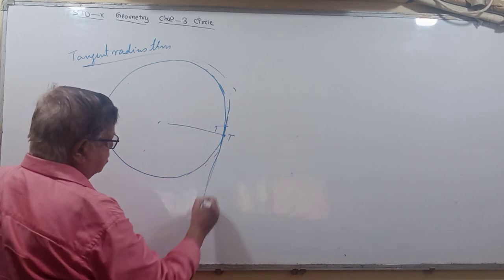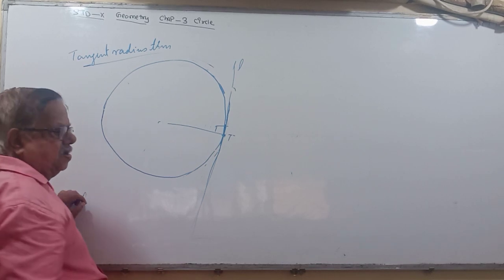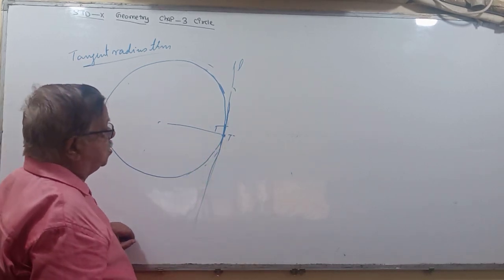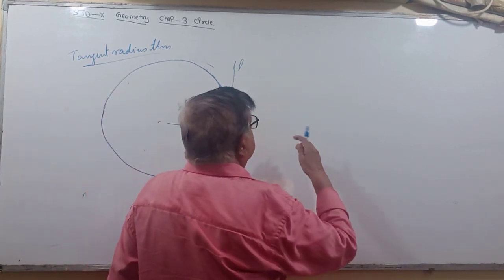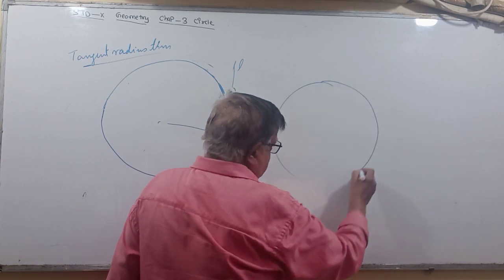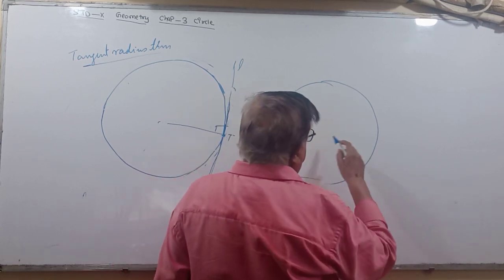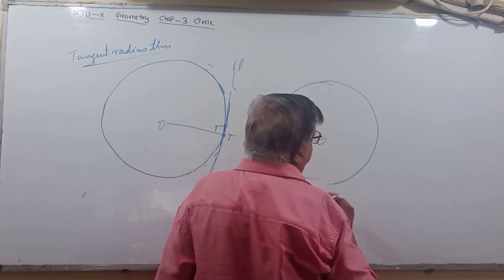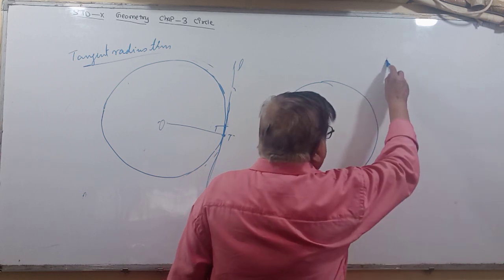This is the tangent. Suppose we call it L, meeting the circle here at T. To prove that this angle is equal to 90 degrees, we go by assumption. We are given that O is the center, and this is the tangent.